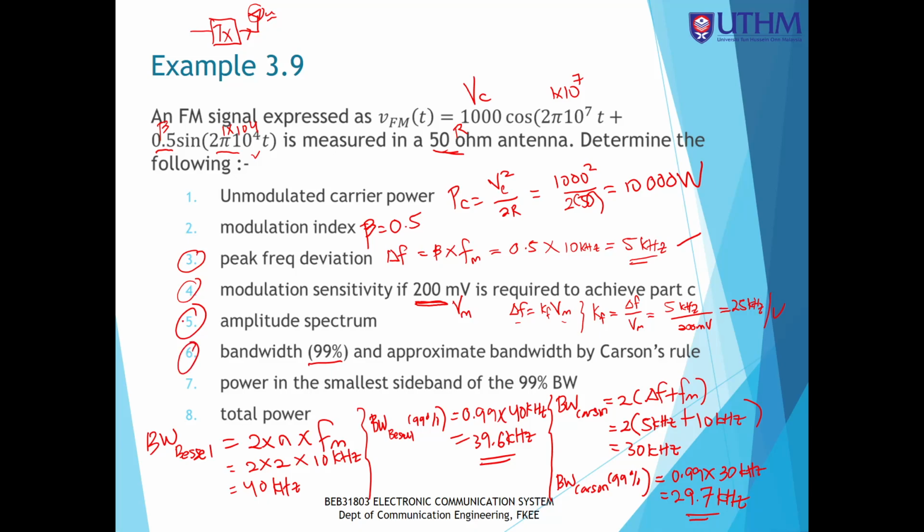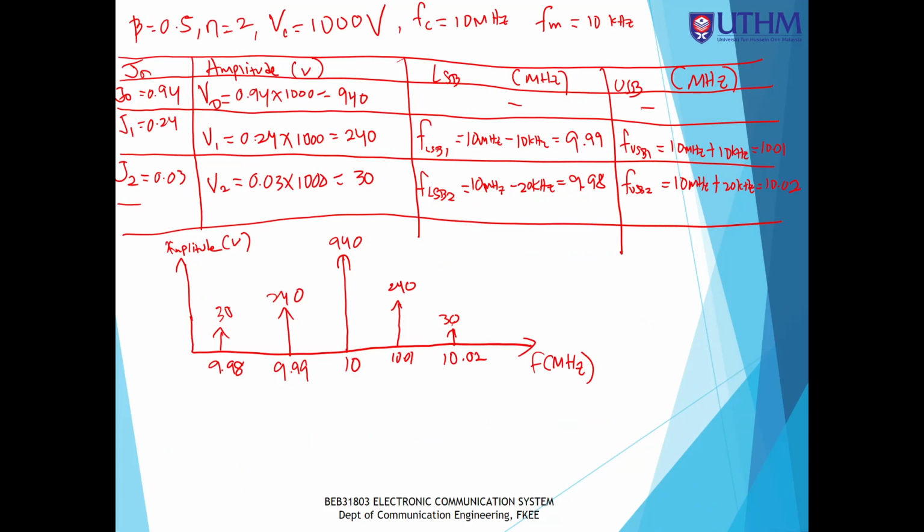The next question asks you to find the power in the smallest sideband of the 99%. Now, what is this actually? Let's look at this spectrum. Maybe I can use a different color, for example green.